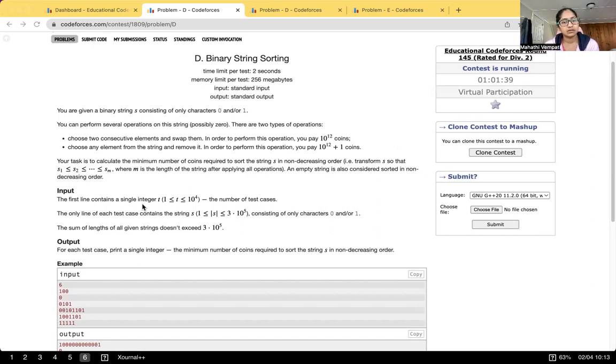You're given a binary string S consisting of only characters 0 or 1. Choose two consecutive elements and swap them. In order to perform this operation, you pay 10 to the 12 coins. Nice.